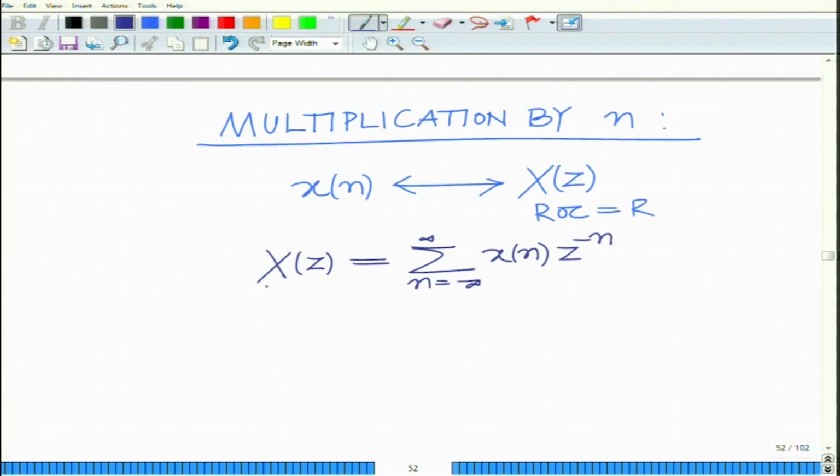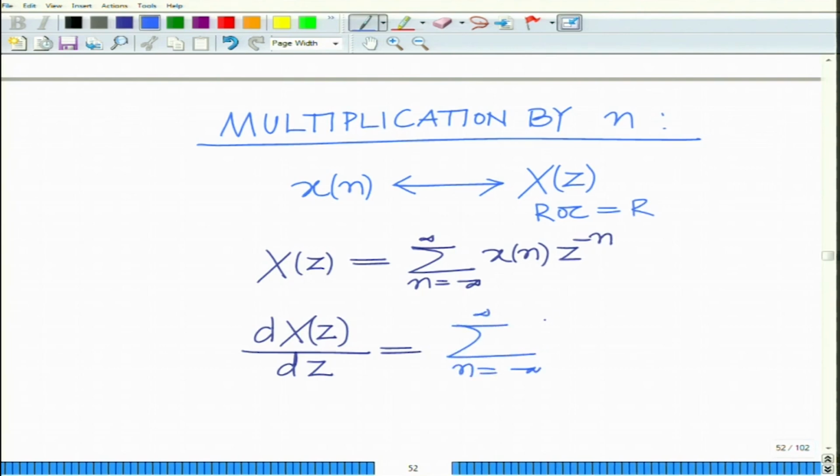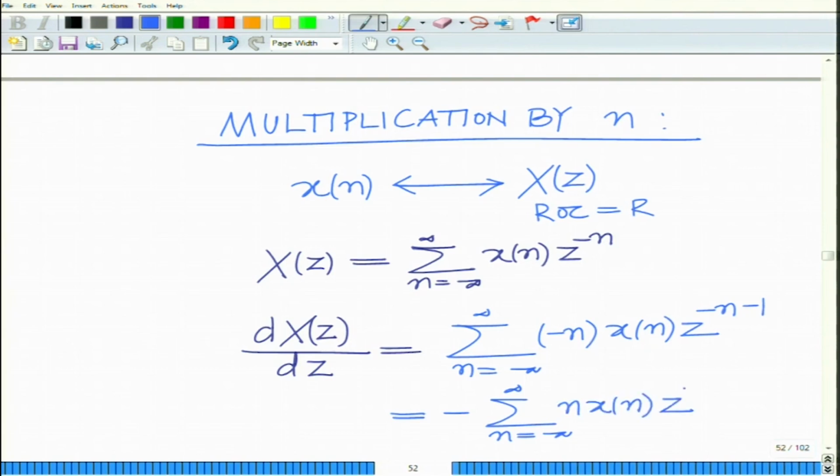Now, if you differentiate this, dX(z) over dz, we have summation n equal to minus infinity to infinity of minus n x of n z raised to minus n minus 1, equals minus summation n equals minus infinity to infinity n x of n z raised to minus n minus 1.